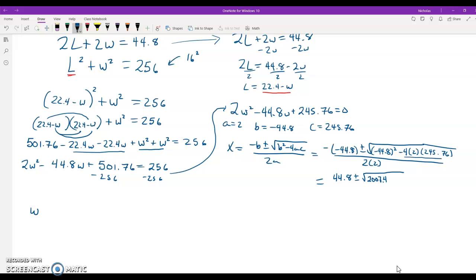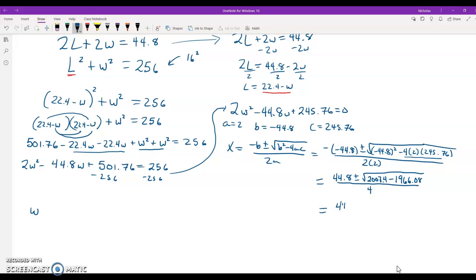And then let's work this out. 4 times 2 times 245.76 is, so this is minus 1,966.08 over 4, which gives us 2007.04 minus 1966.08, 40.96.